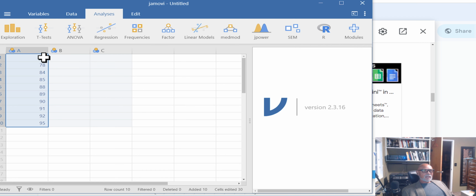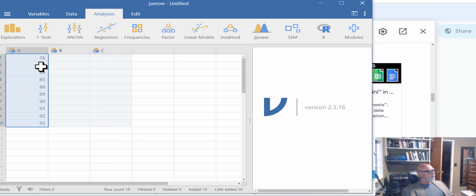So in this case, I want to show you how to use the Jamovi program to calculate the z-scores. And there's a formula on your homework worksheet if you wanted to do this by hand or in Excel. What you do is first find the mean.